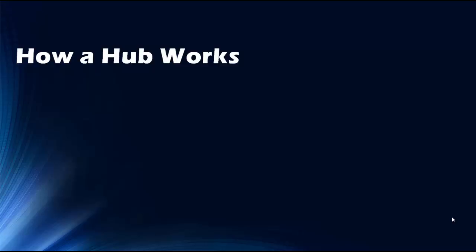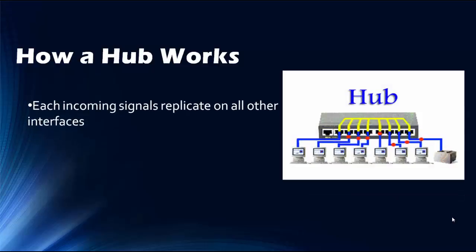If we want to send any information or message to a particular device using a hub, it replicates it on all other interfaces, because a hub doesn't have any idea of where the data is coming from and who is supposed to receive the message or data.